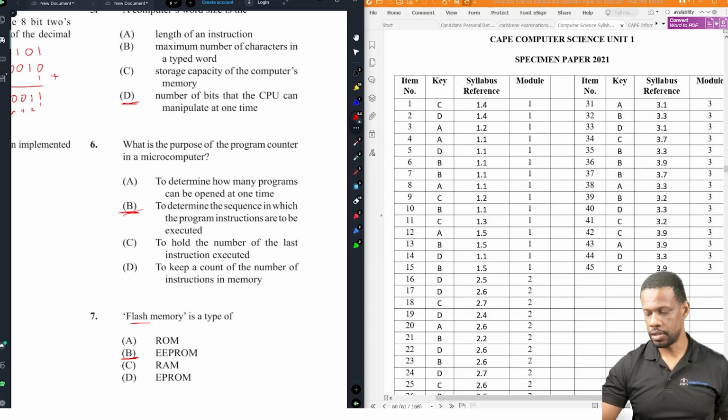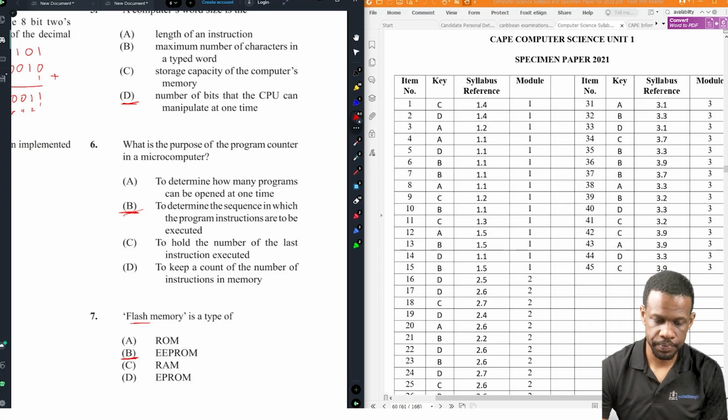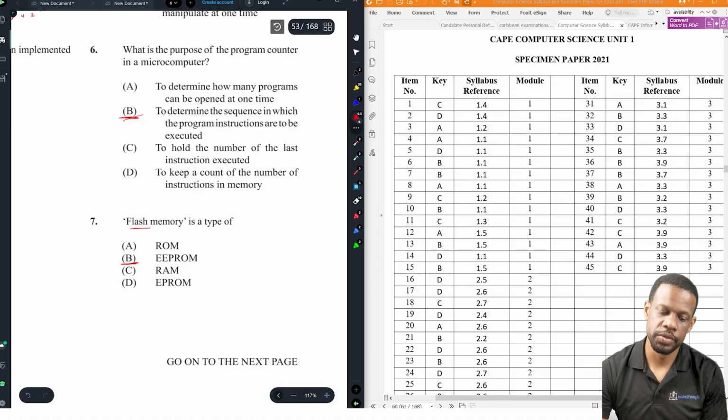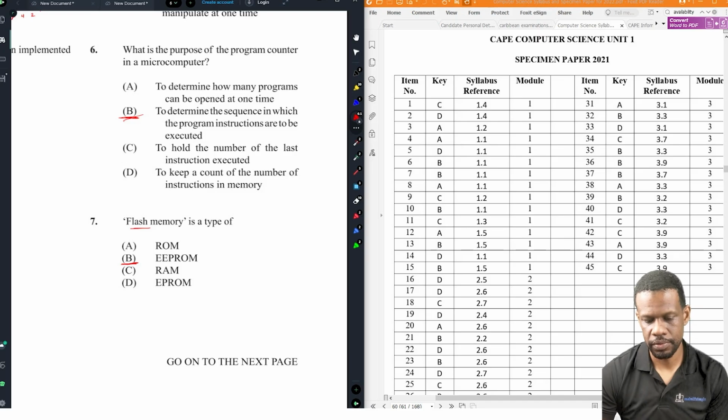That's the textbook definition of the program counter. So I can't tell them that they're wrong. I guess B is the better answer than D, but it's still not totally correct.